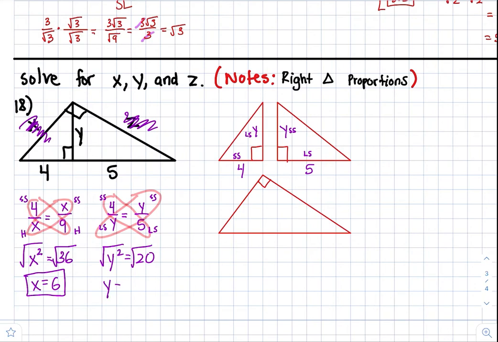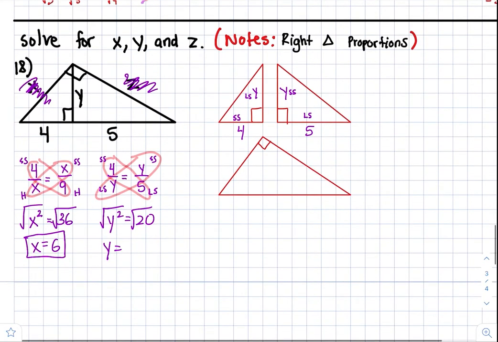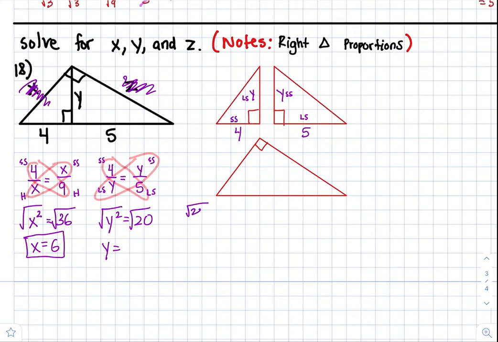So that's y. Now, the square root of 20, we gotta do a tree, because that is not a perfect square. Pairs of 2's. Leftover of 5, so 2 is on the outside and the leftover is on the inside. So y is equal to 2 square root of 5. Okay.